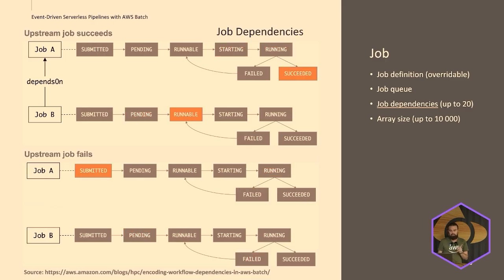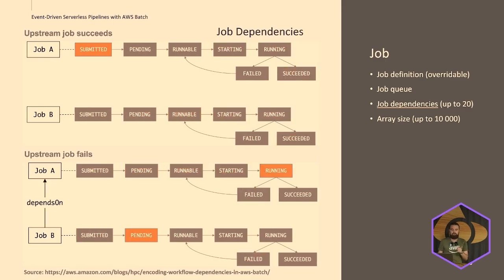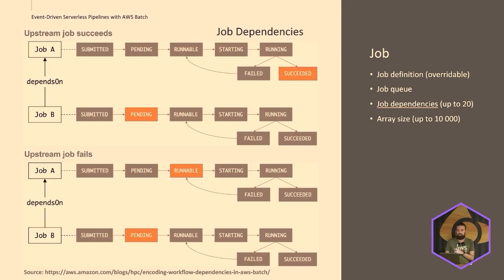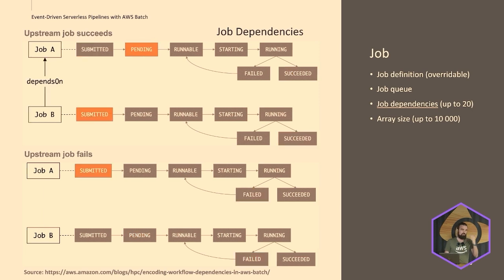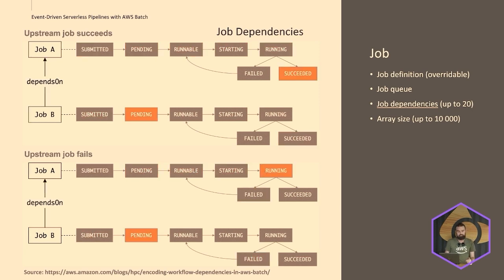If you look at it carefully, you can see that it goes through all the states in order, and then it succeeds, and then job B also moves from the pending state, because you can see it's waiting in the pending state, and then it continues its journey once the upstream job went to succeeded.